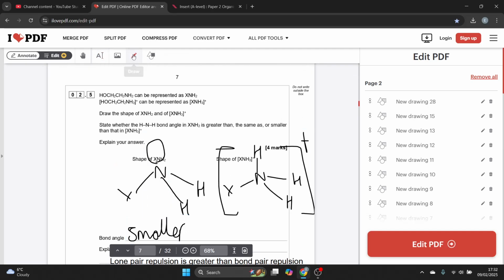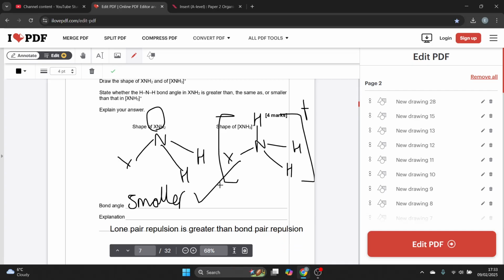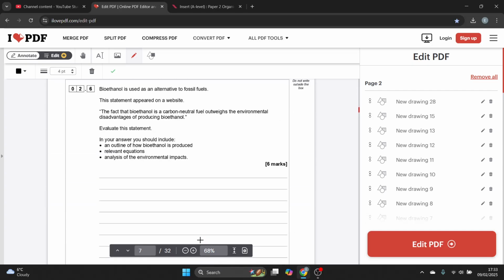Therefore, the bond angle would decrease by 2.5 degrees. So draw the shapes out, lone pair in XNH2, no lone pair in XNH3+, include the plus charge, square brackets, smaller bond angle, lone pair repulsion is greater than bond pair repulsion.